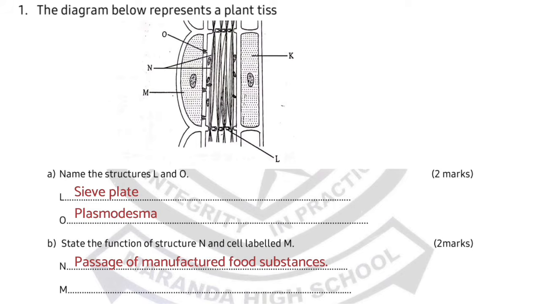Okay, M as stated is the companion cell. So the companion cell controls all the activities of the sieve tube elements. And it also has numerous mitochondria to provide enough energy for translocation of food substances.